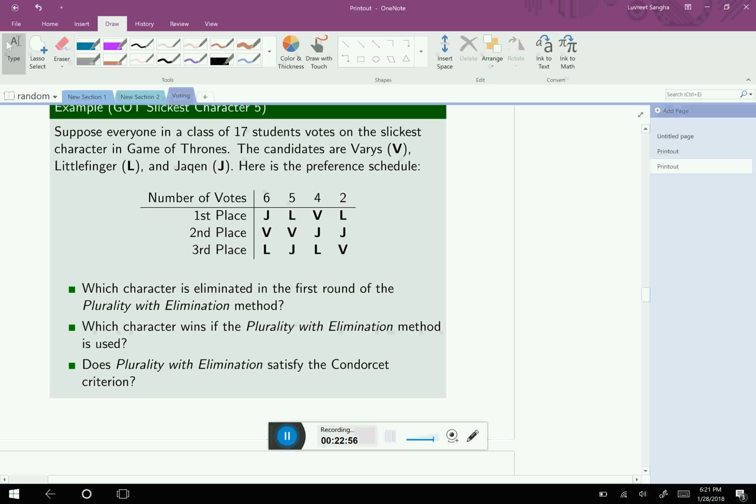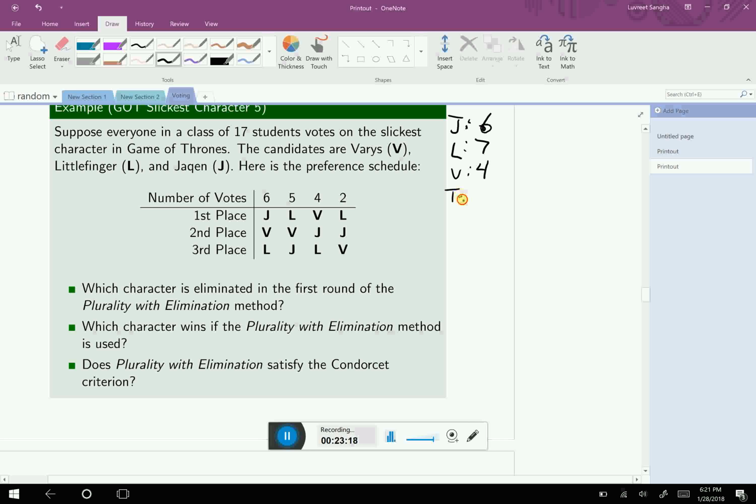Okay, so with plurality with elimination, I have to start off by writing down again how many first place votes each person has. So J, remember, has 6, L has 7, and V has 4. And then we have to see, does anyone have a majority?